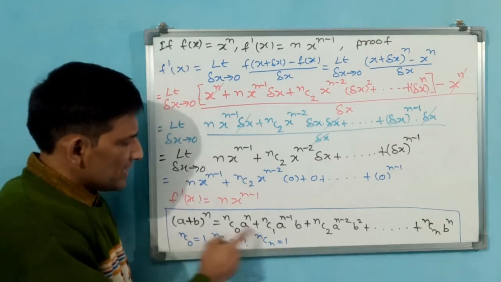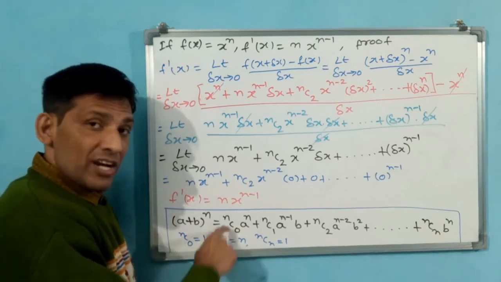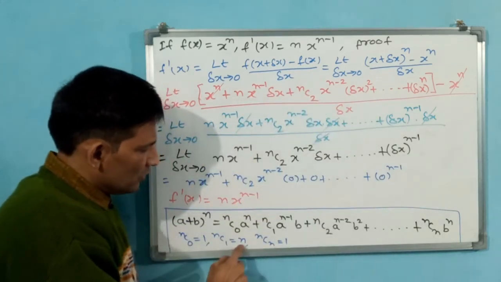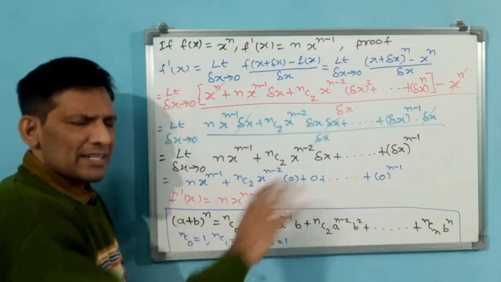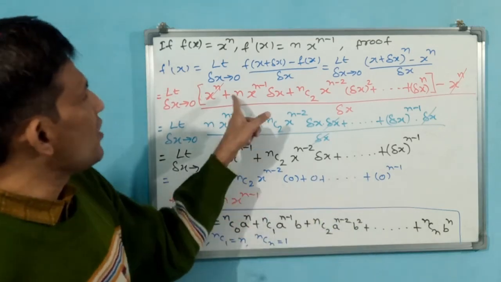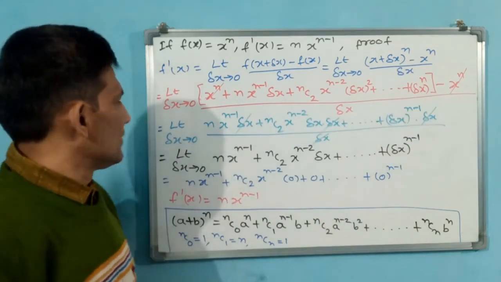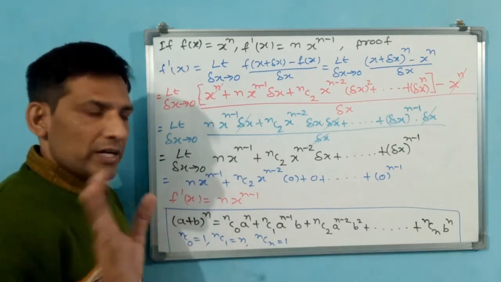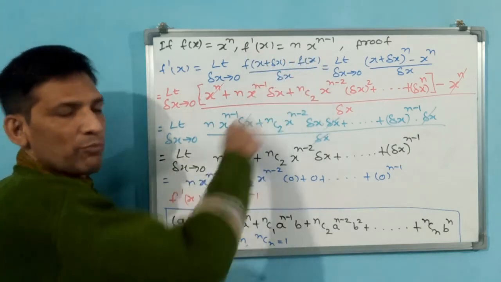Finally nC(n minus 1) is also n, but we have not written that. The expansion will be like this; you have to do this expansion here, then this will come. Now you understand the concept or proof of this one.